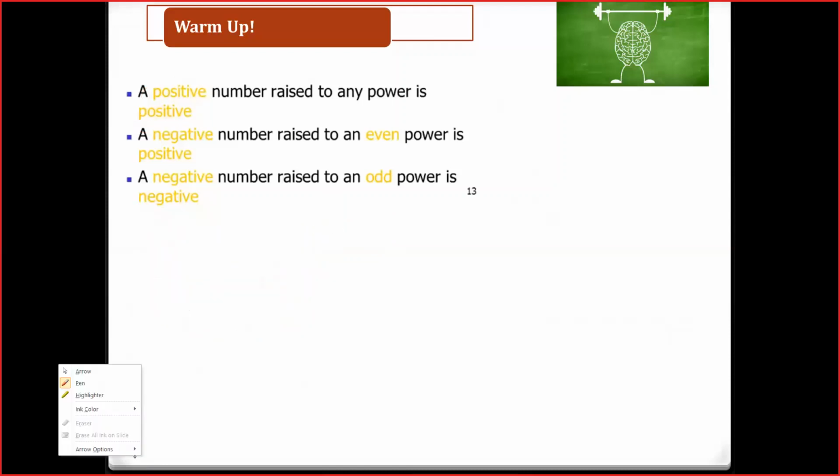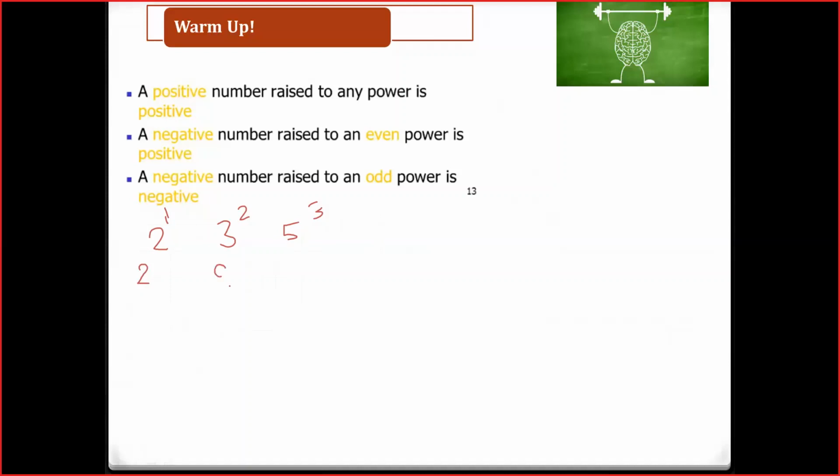Okay, I will repeat. If you have a positive number like 2, like 3, like 5, and any positive number has any power, like 2 to the power 1 is 2. 3 to the power 2 means 3 multiplied by 3, which is 9. 5 cubed means 5 times 5 times 5, which is 125.